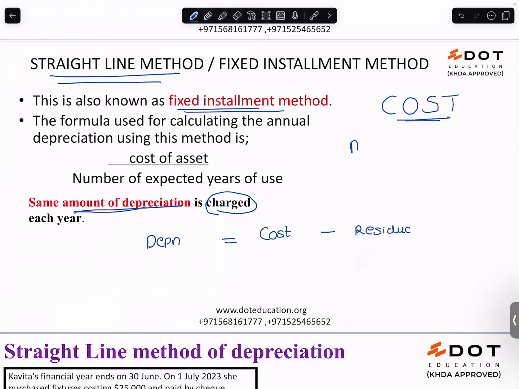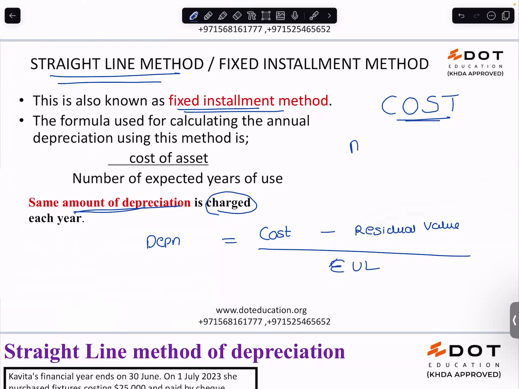What do you mean by residual value? The scrap value. When you sell your asset, the money that you will get after selling the asset is called the scrap value. So cost minus the residual value, divided by estimated useful life.